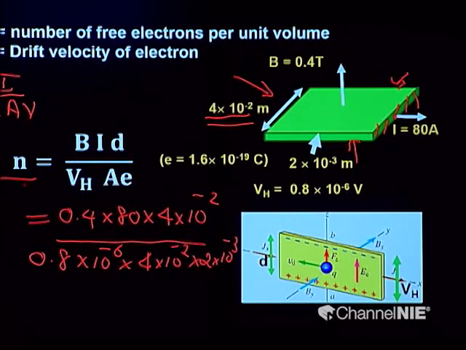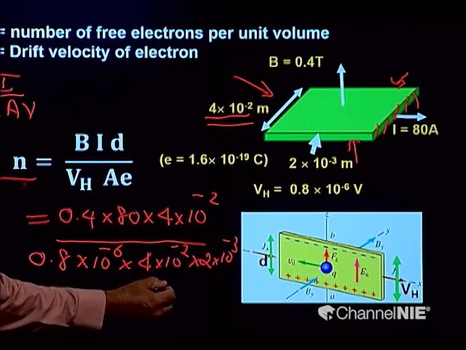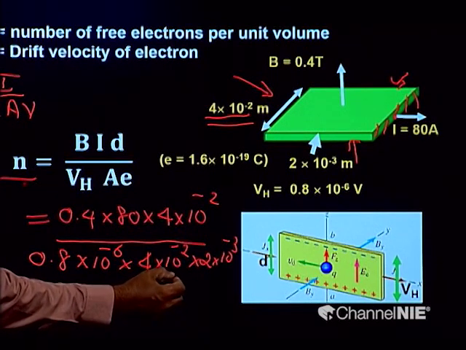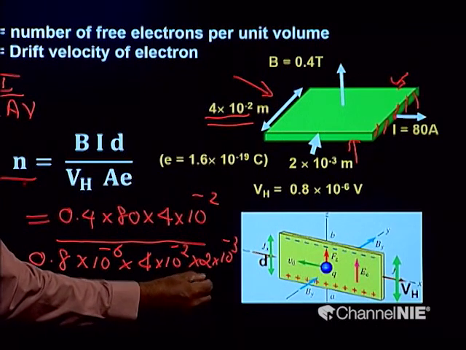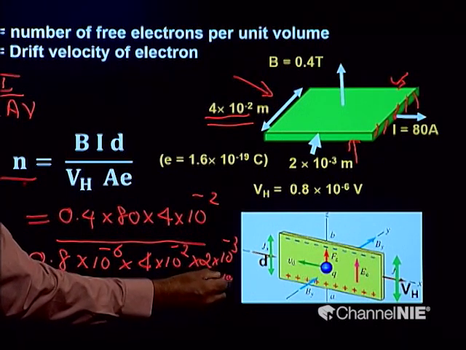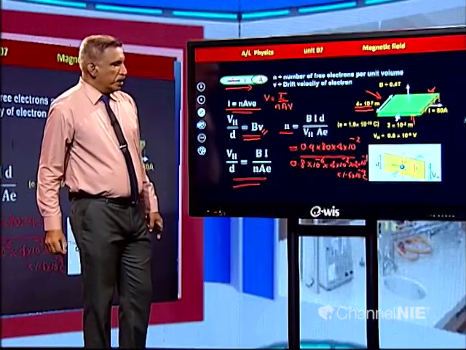And e is the charge, 1.6 into 10 to the power minus 19 coulomb. So, you have to solve.